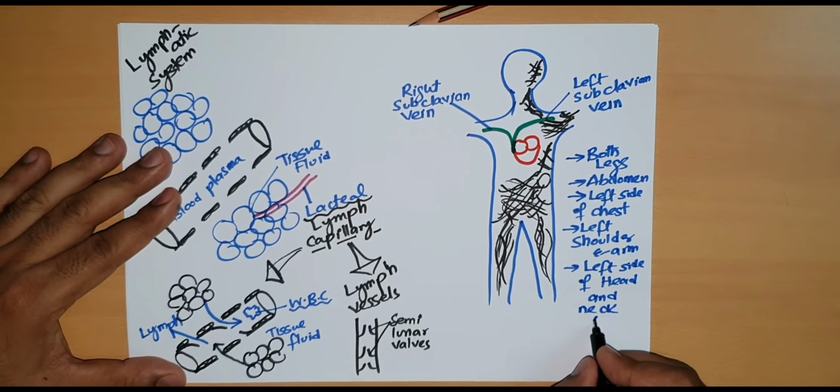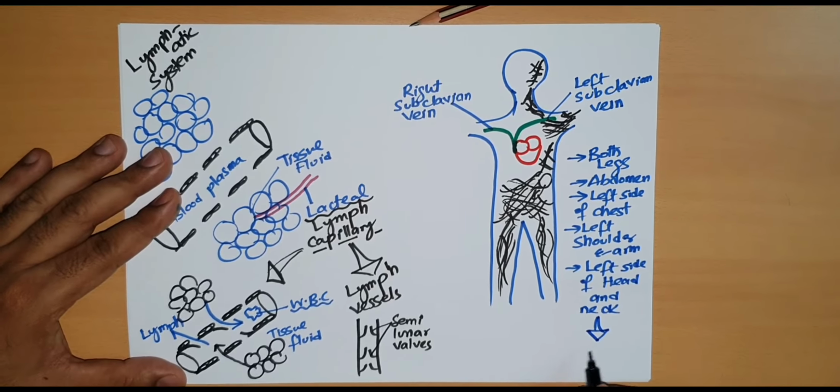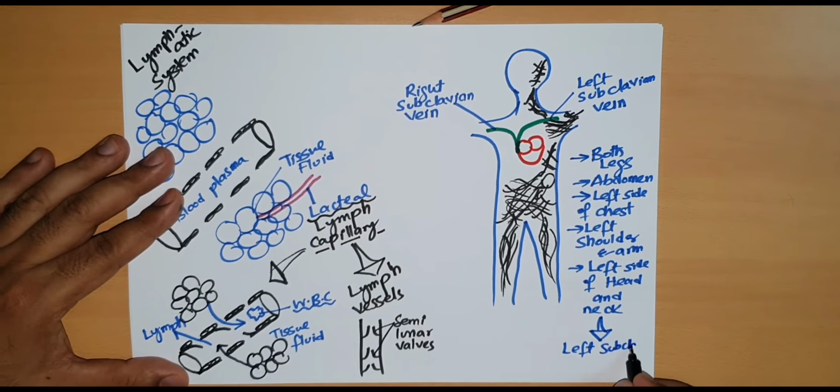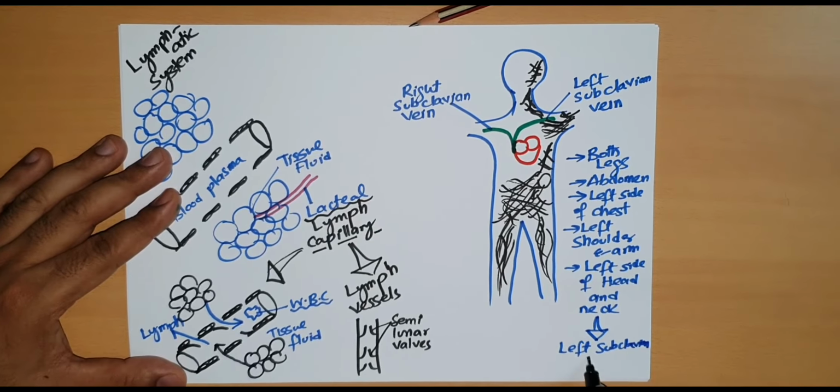All these areas pour their lymph into the left subclavian vein.